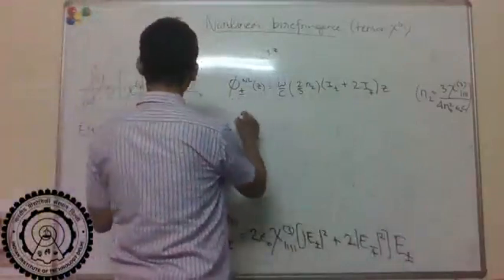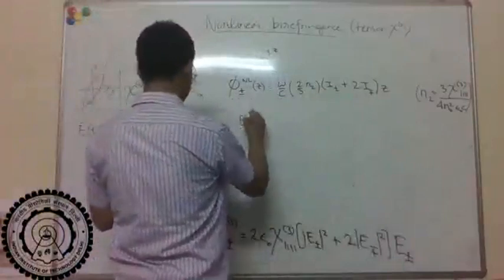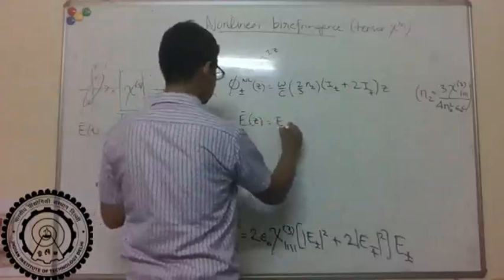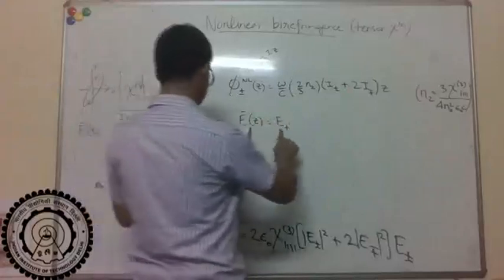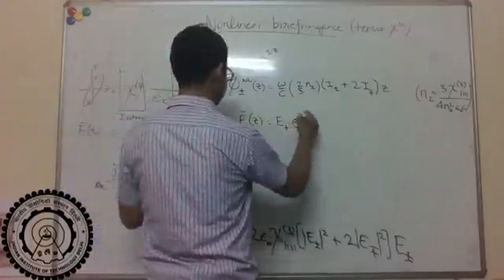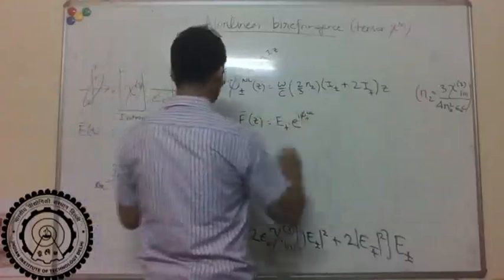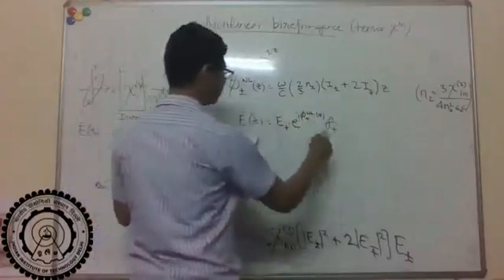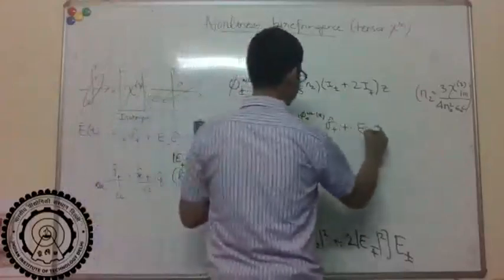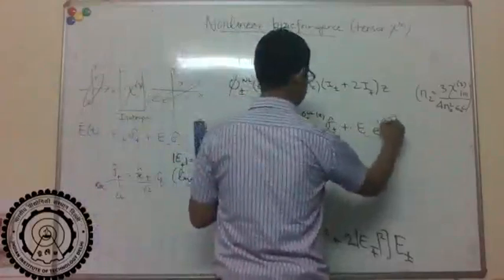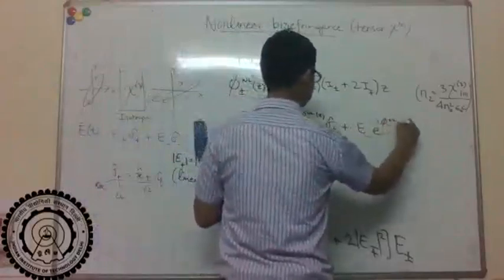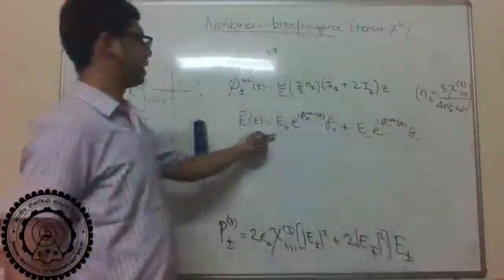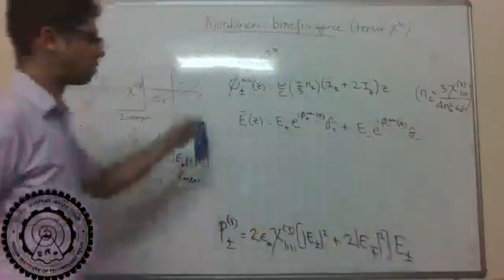So at the output, after some propagation distance z, E plus was my input, and now it acquires a phase which is phi plus nonlinear. That's the sigma plus component. Then the sigma minus acquires phase shift phi minus. Right, so that's my total field at the output, or after distance z.